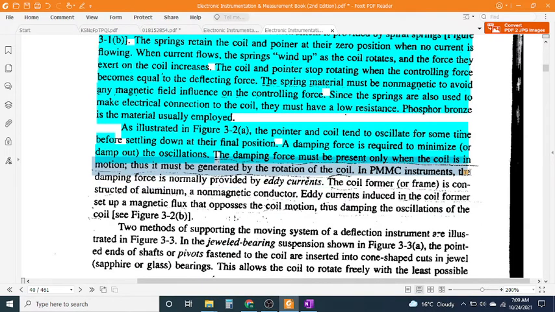In PMMC instruments, the damping force is normally provided by eddy currents. The coil former, or frame, is constructed of aluminum, a non-magnetic conductor. Eddy currents induced in the coil former set up a magnetic flux that opposes the coil motion, thus damping the oscillations of the coil. See Figure 3-2b.